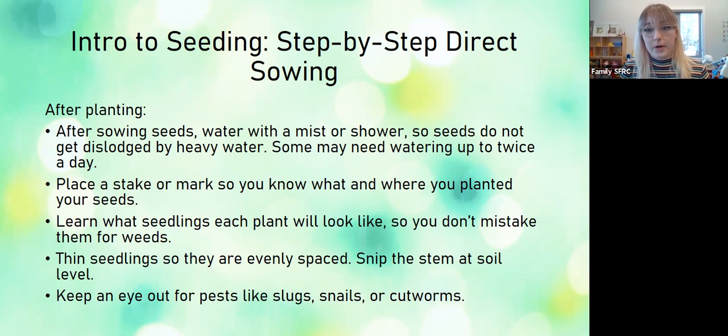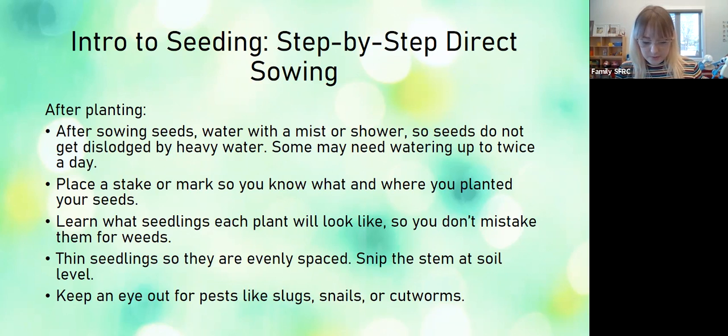So, for example, cutworms. A little trick that my grandma actually taught me for cutworms is this. You won't actually usually see cutworms, but you'll see that the stems of your plants are snipped.